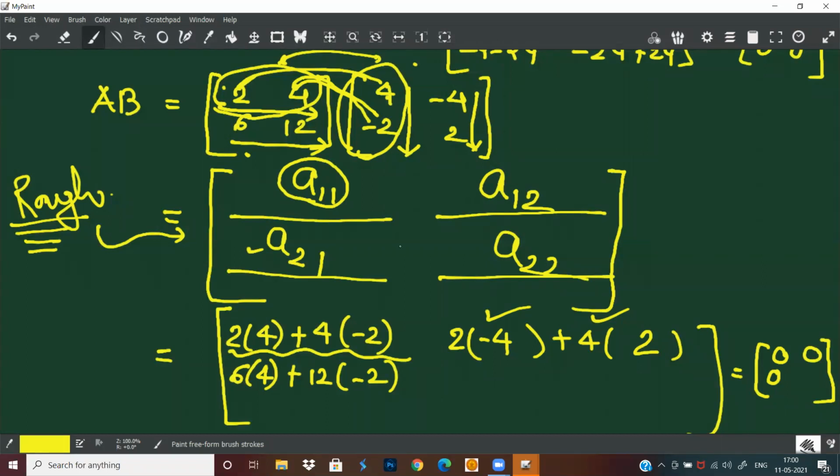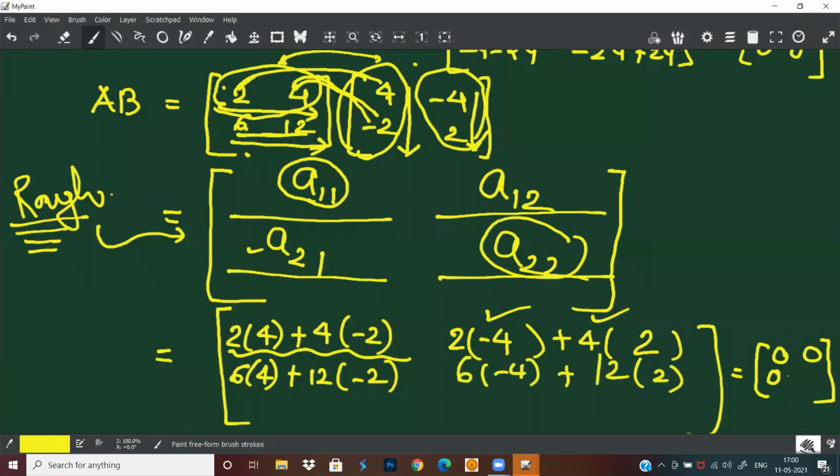And second row with इसके लिए A2 2 है, तो you will use second row and second column ये वाला. So 6 will go with minus 4 plus 12 will go with 2. Minus 24 plus 24, which is a null matrix.